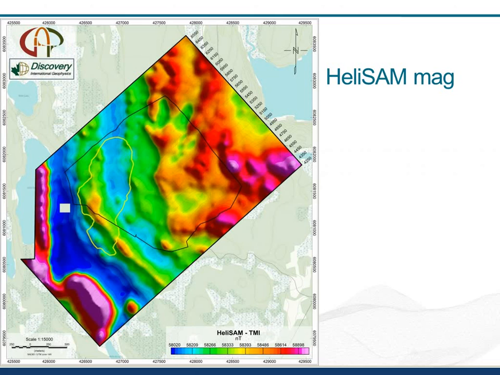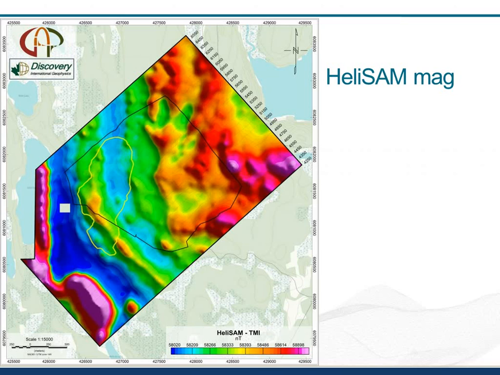The total mag is shown here with reference to the transmitter loop, and the yellow is the surface projection of the outline of the known mineralization. The top of the mineralization is at about 575 meter depth, and the bottom extends down to about 1 kilometer. So a very deep target.